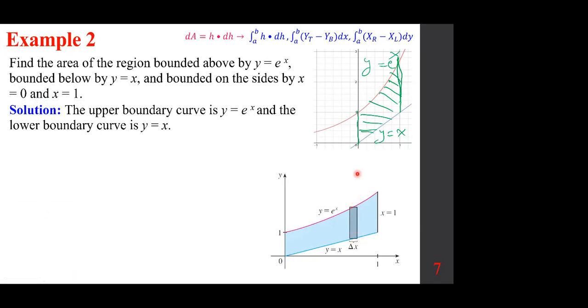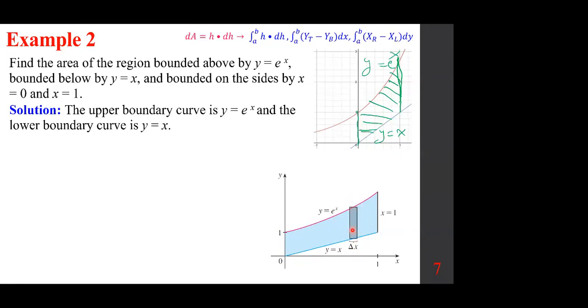This is the vertical strip that we are going to sweep along the x-axis. The width is delta x or dx. By the way, delta x and dx are the same. Everybody remembers that, I hope. So what is the width, delta x or dx? Fixed. What is the height?